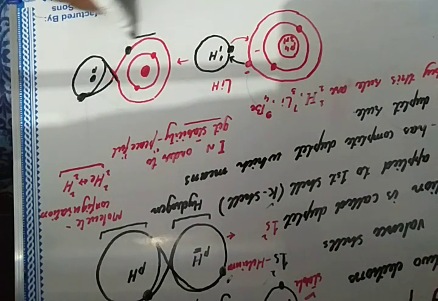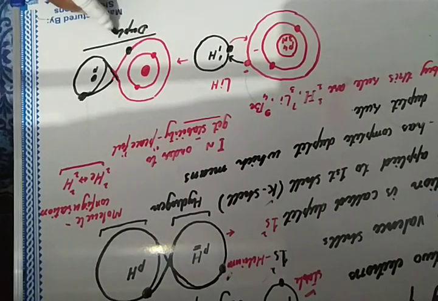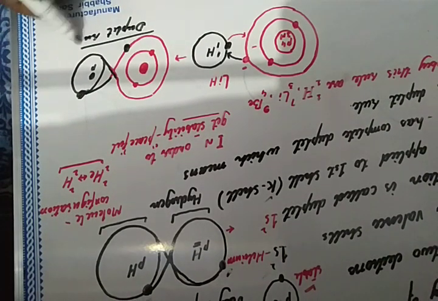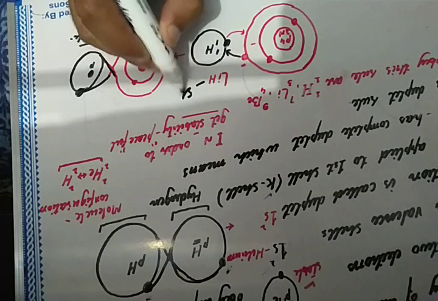So both these atoms have completed the duplet rule, which indicates that lithium hydride is a stable compound.